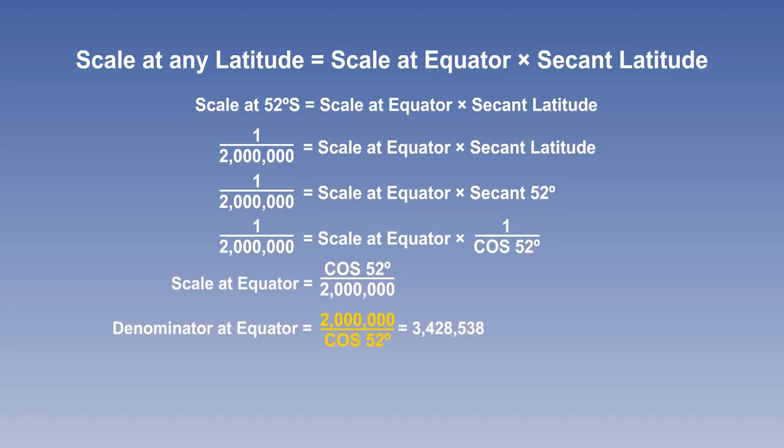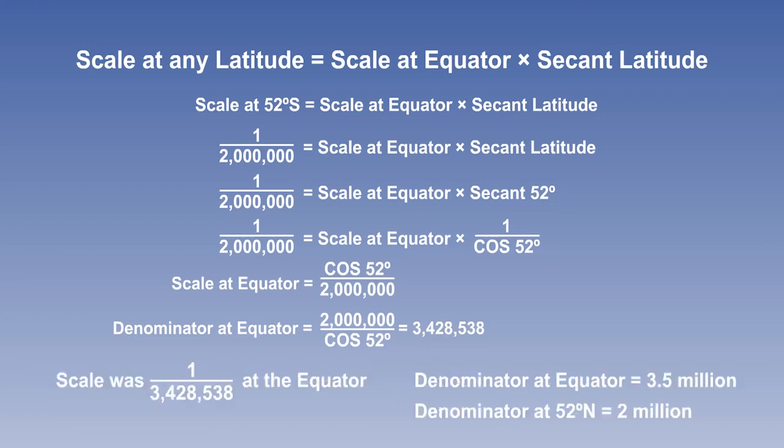So 2 million over cos 52 is 3,428,538. So the required answer is 1 over 3,428,538.